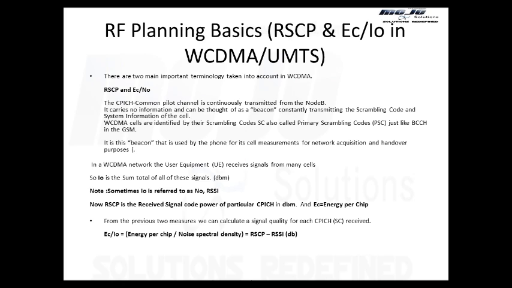So just understand it's RSCP for UMTS. It's a pilot beacon power channel. It's measured against each scrambling code or primary scrambling code, and it is basically the broadcast channel for each UMTS cell. Okay, and a UMTS cell is identified by two things: its cell identity and its primary scrambling code.